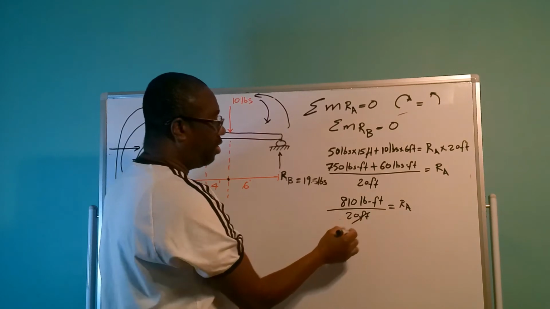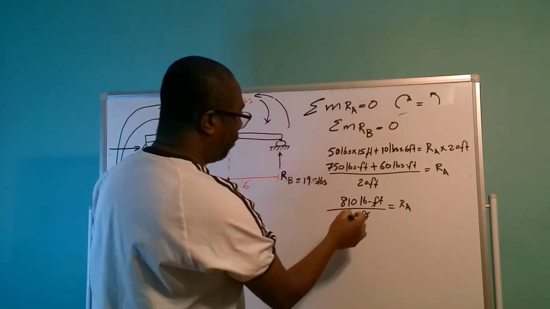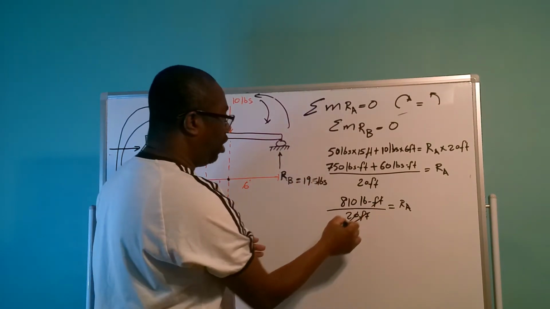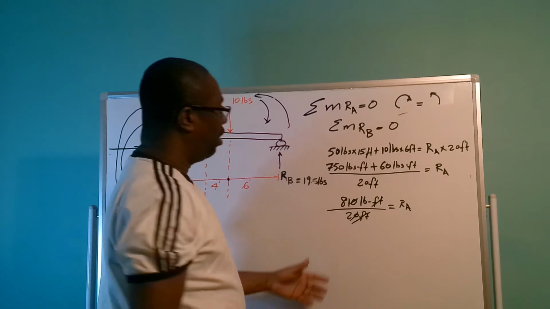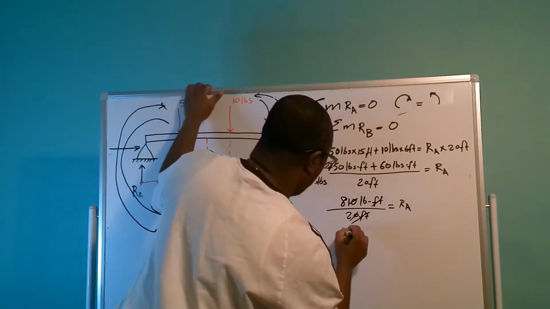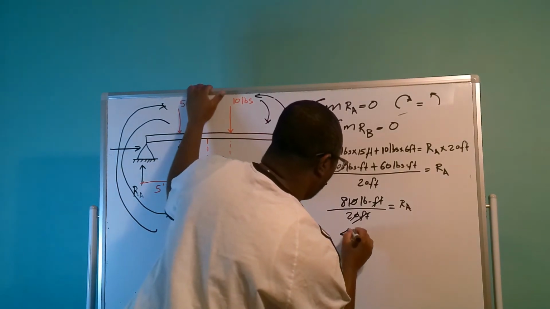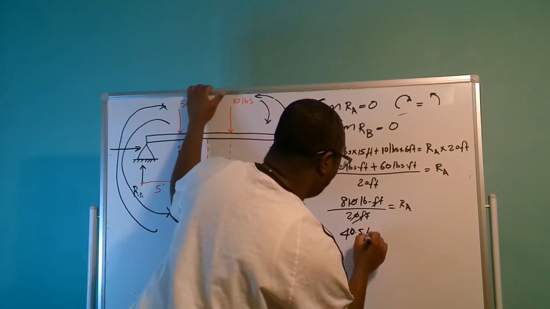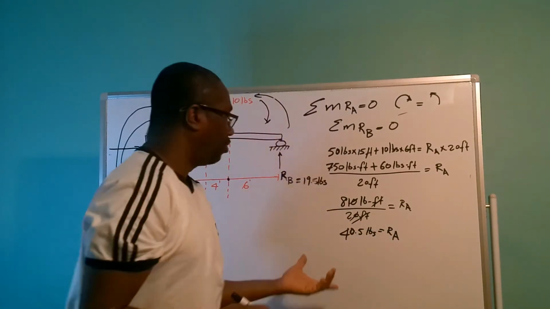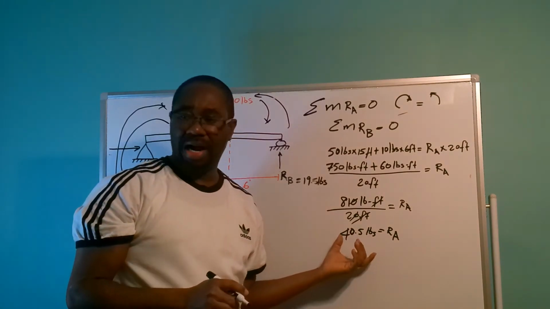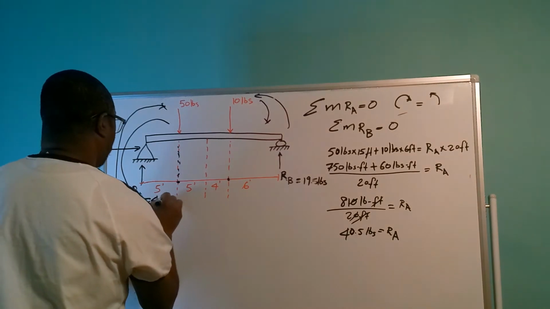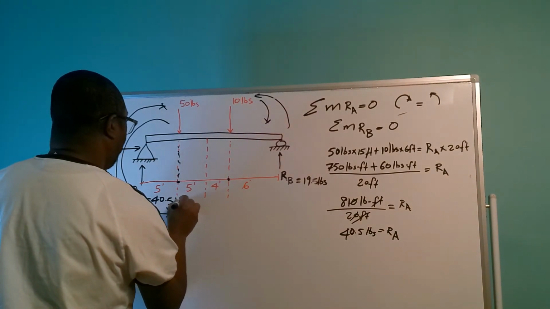Feet cancels feet, so we are left with the unit of pounds. 0 cancels 0, and 2 into 81 goes 40.5 pounds, equal to RA. So the reaction at RA is 40.5 pounds.